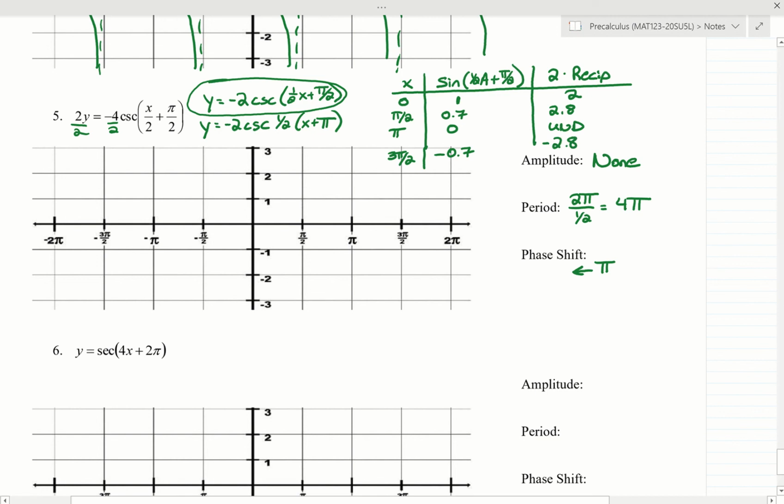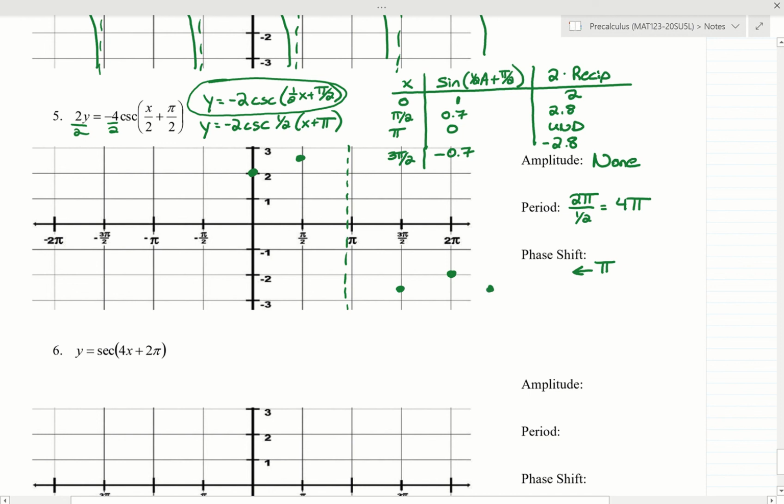So let's see if we could piece this together. At 0, 2 times the reciprocal was 2. Pi over 2, we were at 2.8, and then pi was undefined. At 3 pi over 2, we were negative 2.8. I'd imagine this would be negative 2, right?